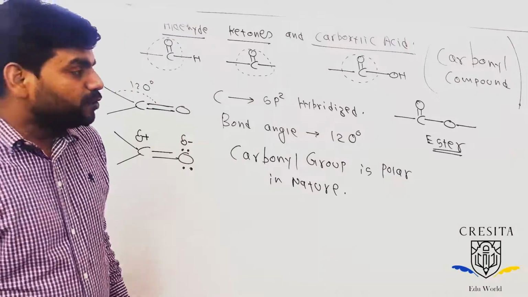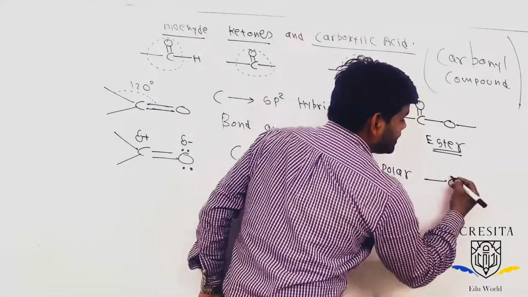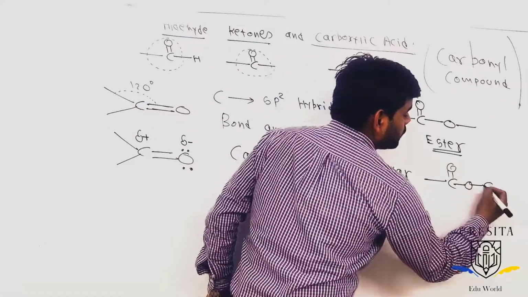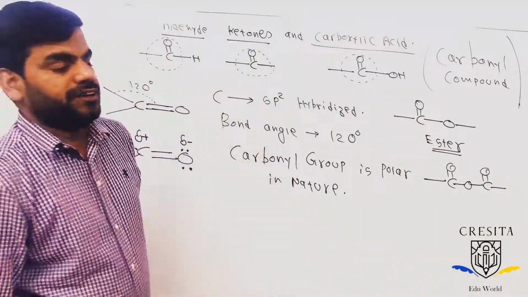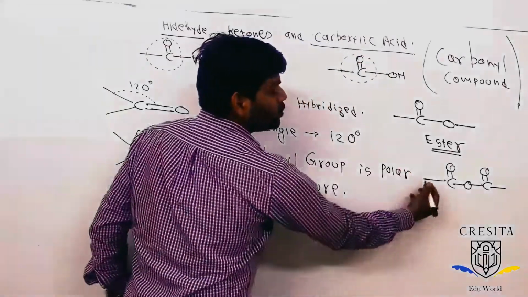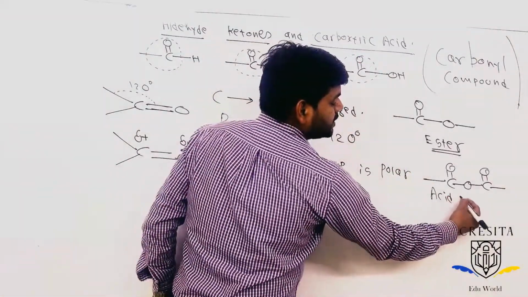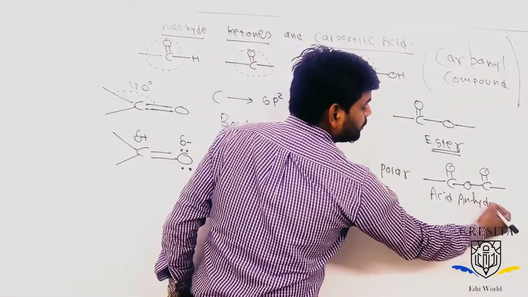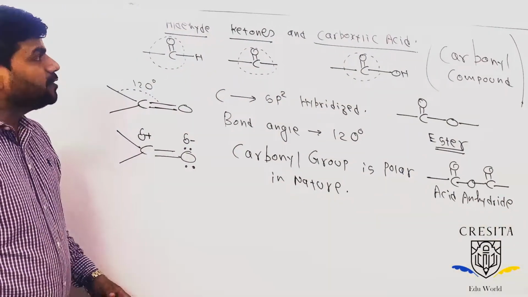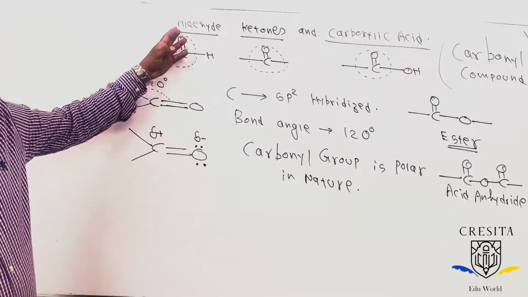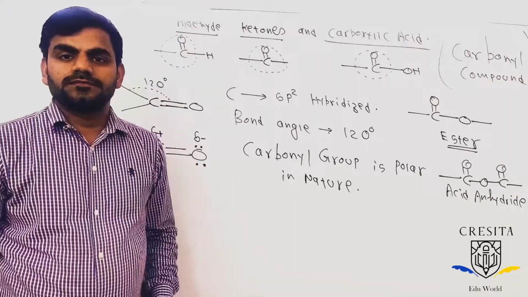Similarly, carbonyl groups are also present in this compound, and this compound is called acid anhydride. So in this chapter, we will also discuss about this acid anhydride. Okay. Now, let's start with the discussion of aldehyde.